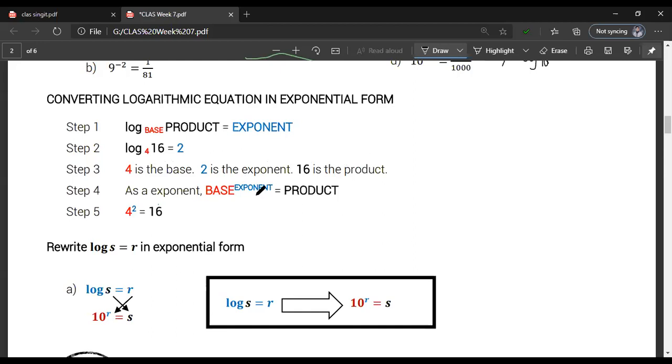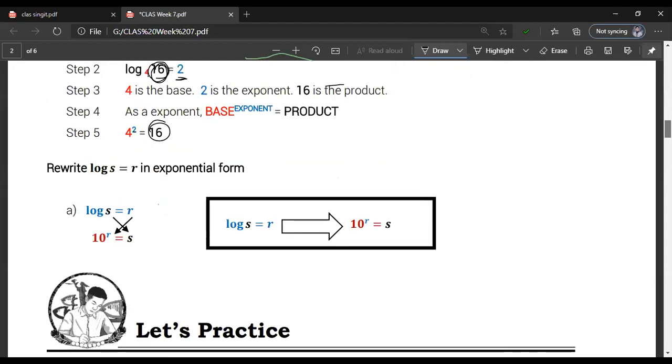Base raised to exponent equals the product. Yung 4 na base, naging base din siya ng exponential equation. Yung 2, yung answer, siya yung naging exponent. And yung product, itong nasa tabi ng log, siya po yung naging answer sa exponential.